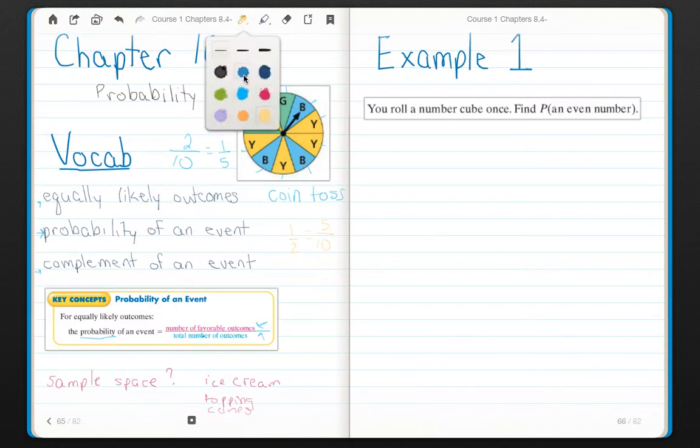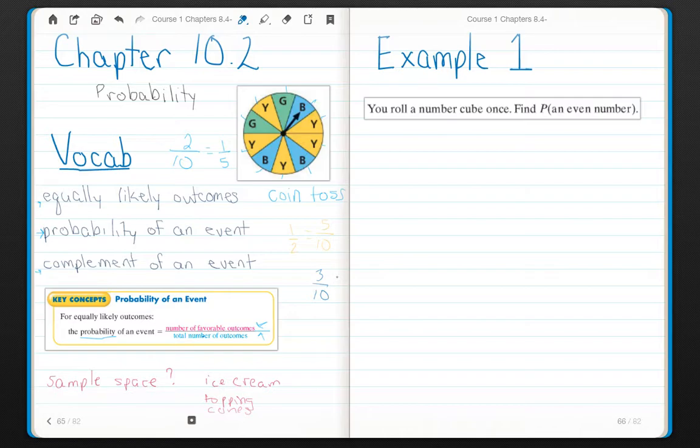And the chances that I'm going to get a blue are 3 out of 10. So probability is just a fraction relating the chances of a certain event happening, getting a certain color, out of the total number of possible options.